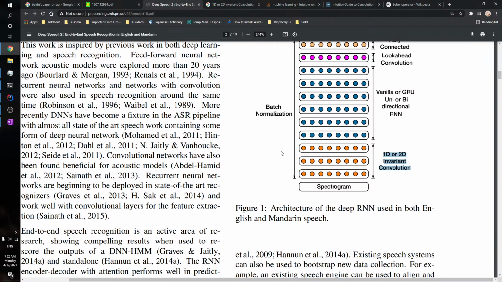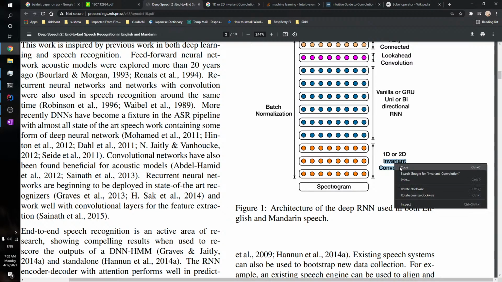Actually, what's an invariant convolution then?